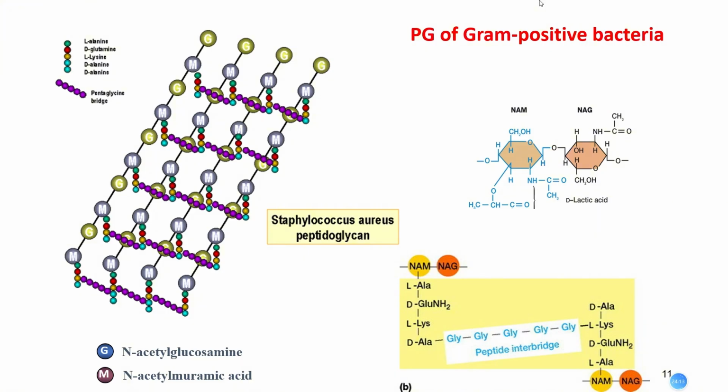And we have the cross bridge, 5 amino acid cross bridge. So that's the purple one. 1, 2, 3, 4, 5. Okay? All of them are glycine amino acid. So 5 glycine, to link the alanine and the lysine together.